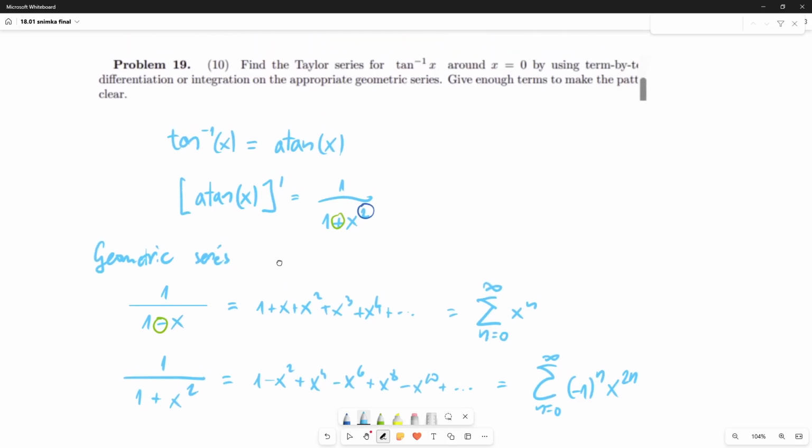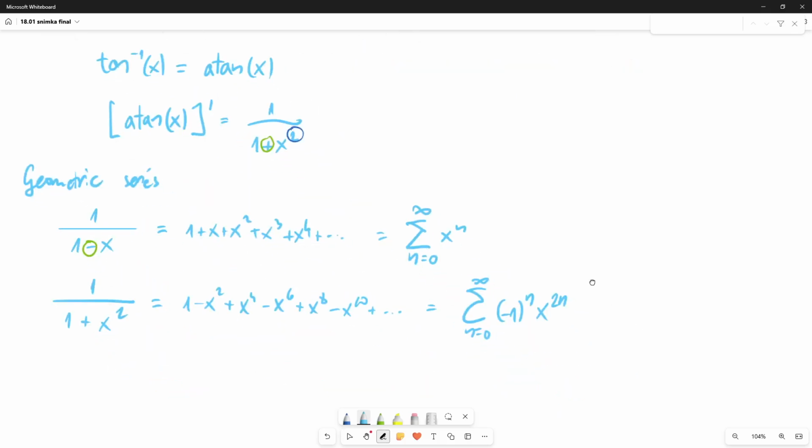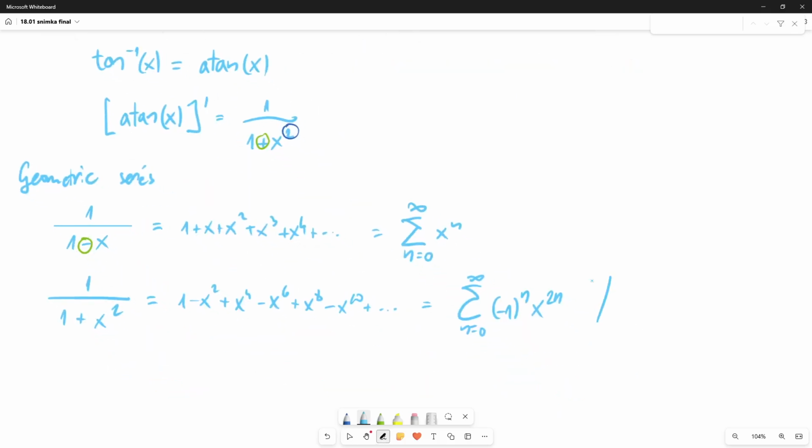Now, since the arctan of x, when we differentiate it, yields 1 over 1 plus x squared, it stands to reason that if we integrate 1 over 1 plus x squared dx, we will obtain the arcus tangent of x. So we will do this over here. We integrate both the left side and the right side.